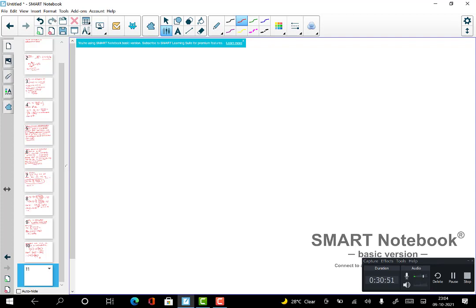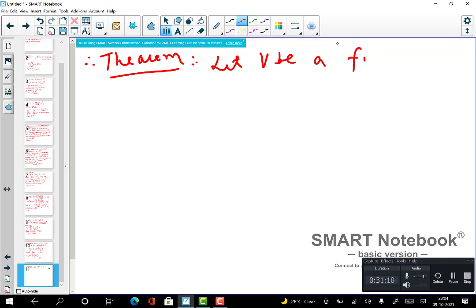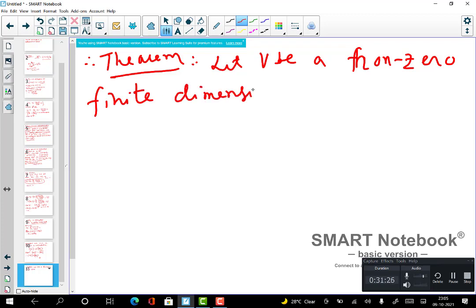But in general, you can write as a theorem: let V be a non-zero finite dimensional inner product space. I say non-zero because zero is the trivial case, where nothing is true.